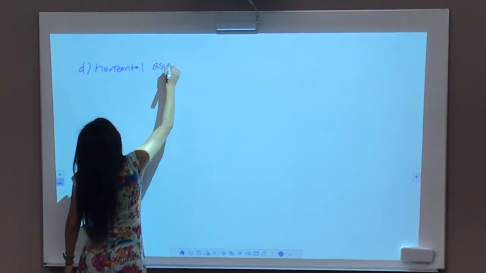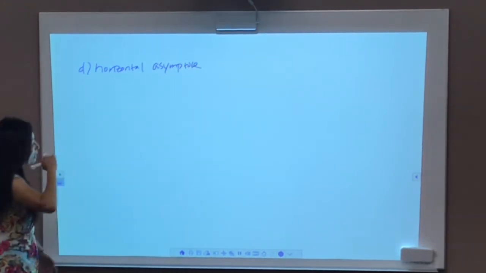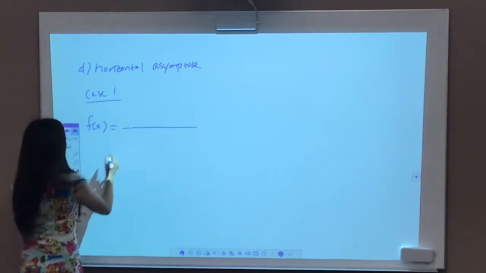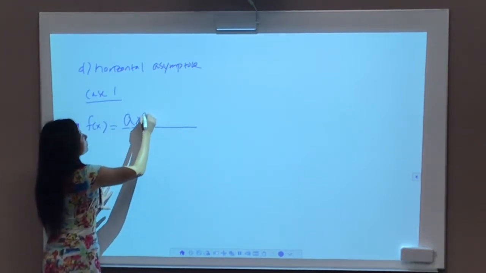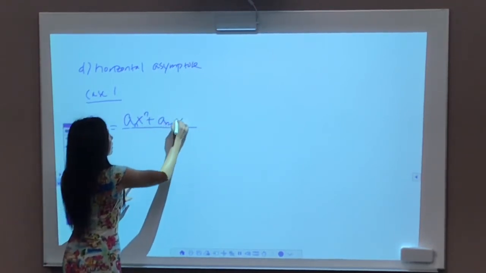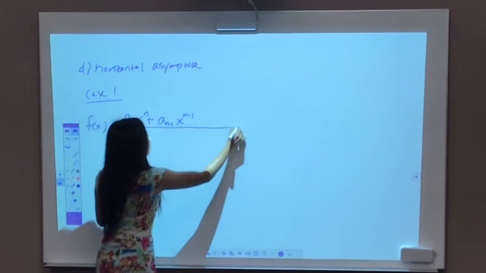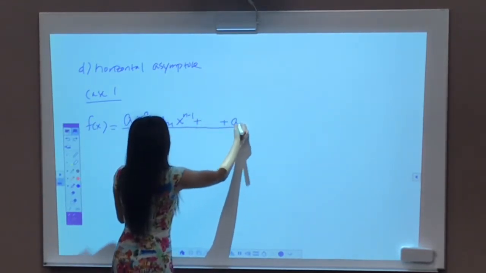Horizontal asymptote. Before I do this, I want to go over some lessons. So there are three cases. A polynomial: a_n x to the n, plus a_(n-1) x to the n minus 1, keep going to some number a_0. Just write this down for now, okay? And I'll explain to you what that means.